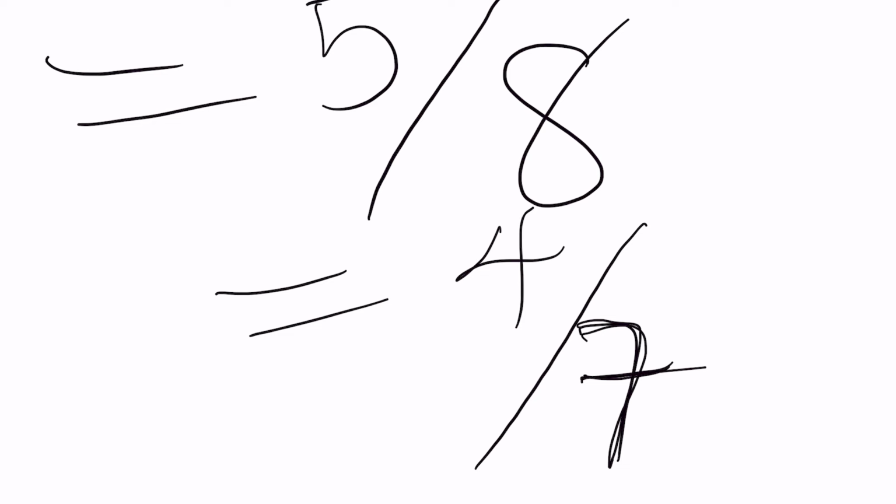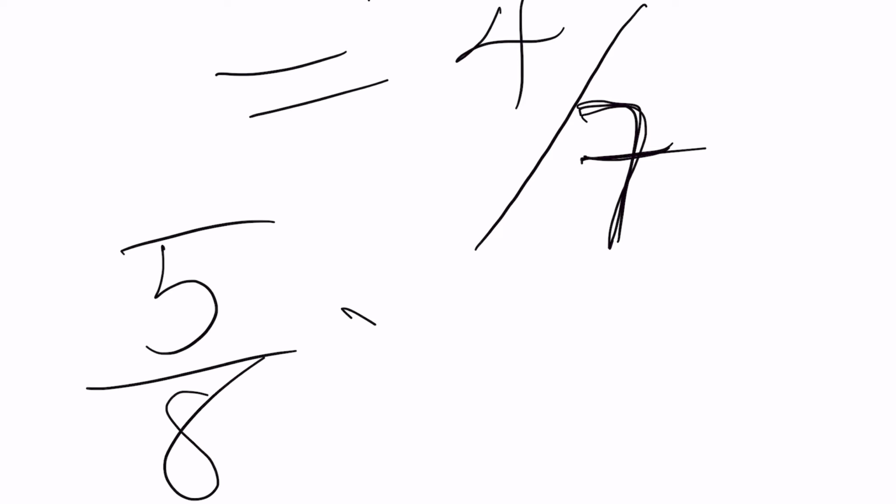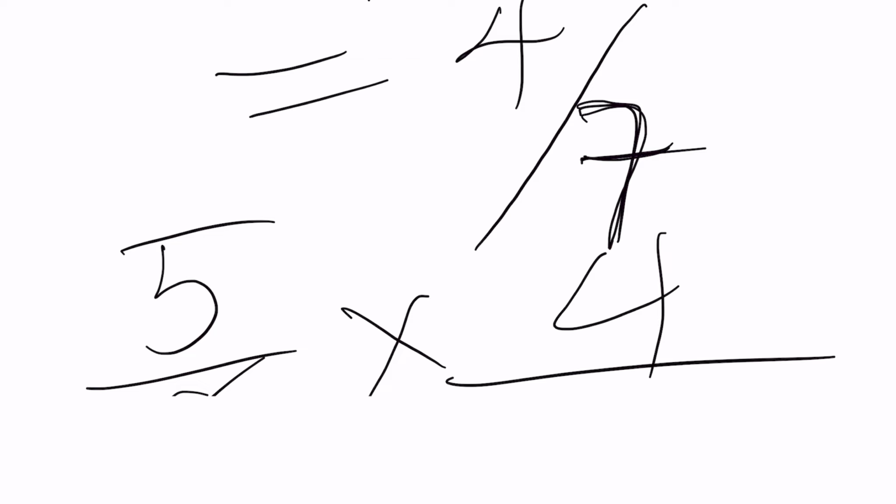So the probability that both are names of girls is 5/8 times 4/7.